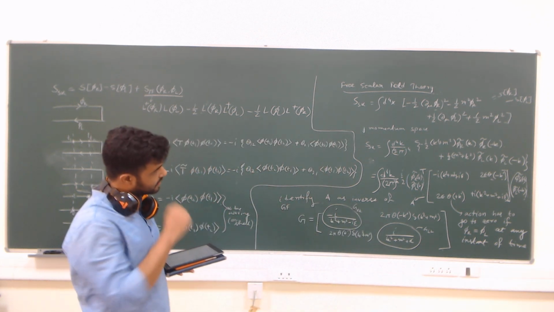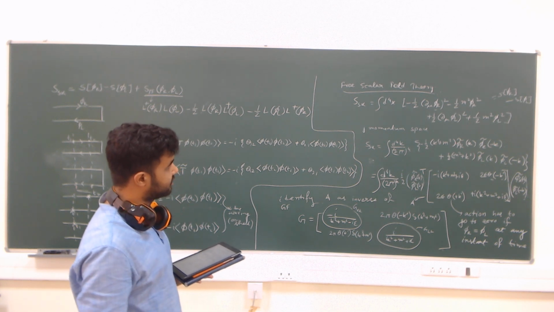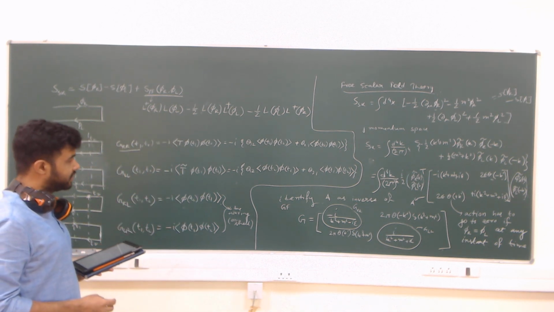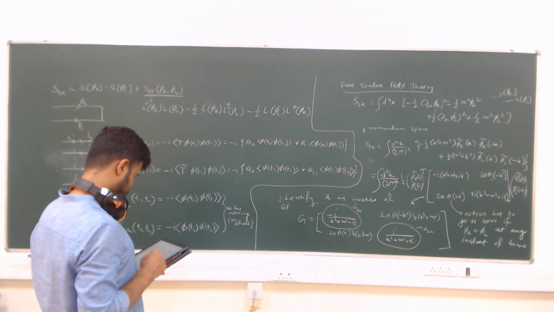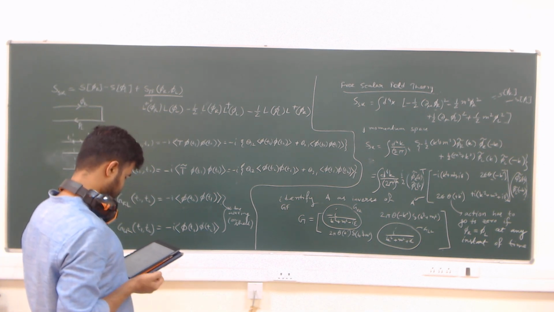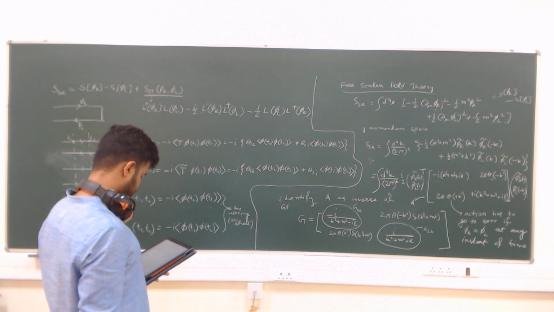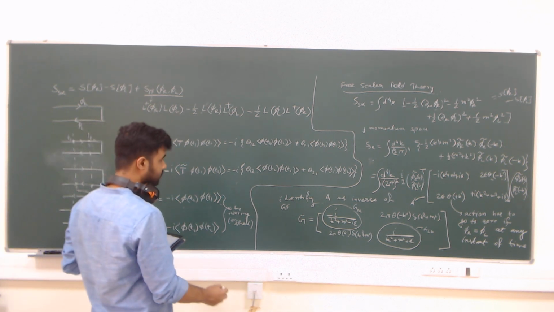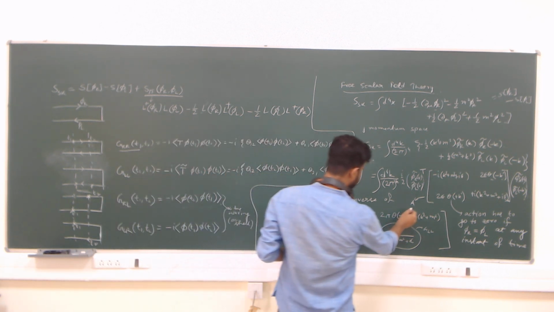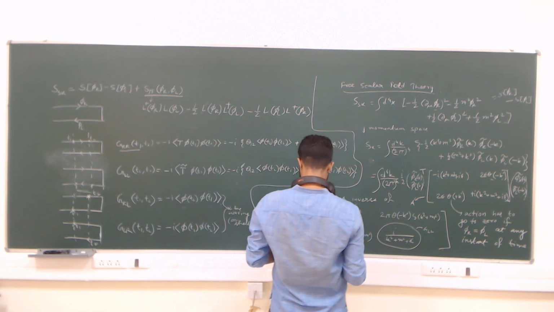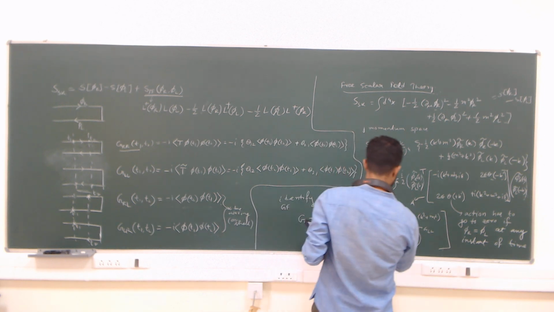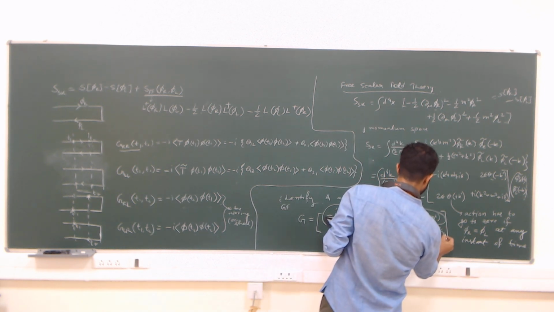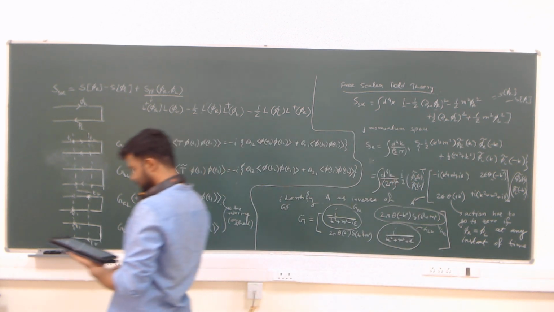I have not done the precise derivation, but I will do the derivation of that. I have not talked about the steps in between. So this is GRR, this is GLL, this is like GRA, and the remaining one is GLR.